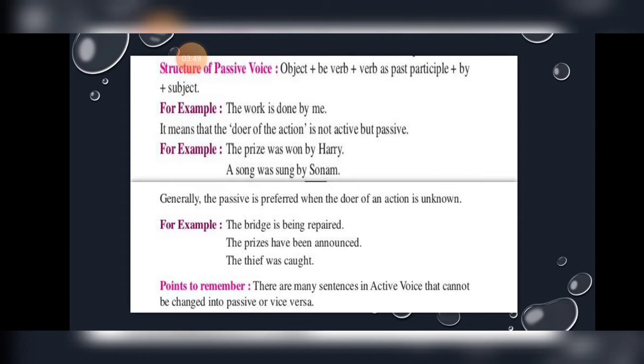Sonam is the doer of the action, but Sonam is at the end of the sentence in the passive form, so it is passive voice. Similarly, the example, the bridge is being repaired. The prizes have been announced. The thief was caught. All these are examples of passive voice.